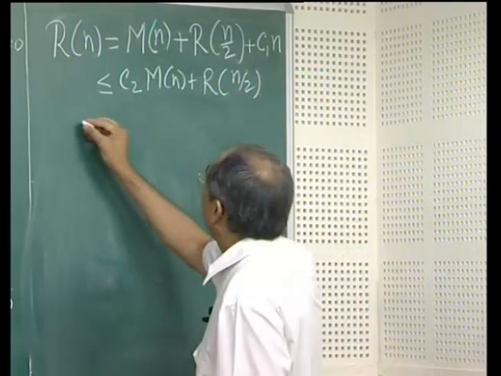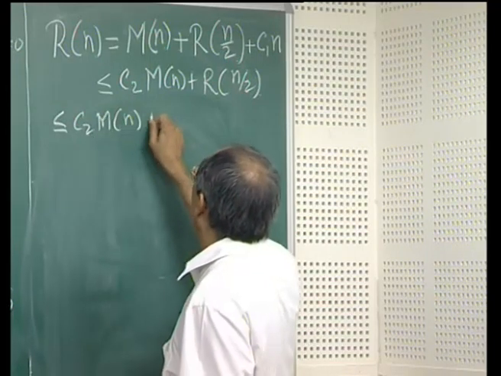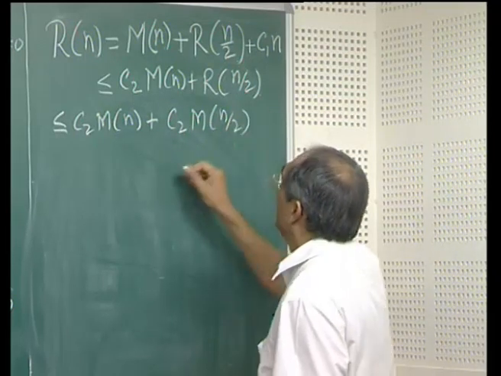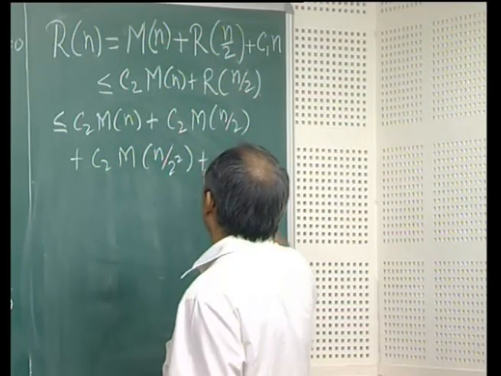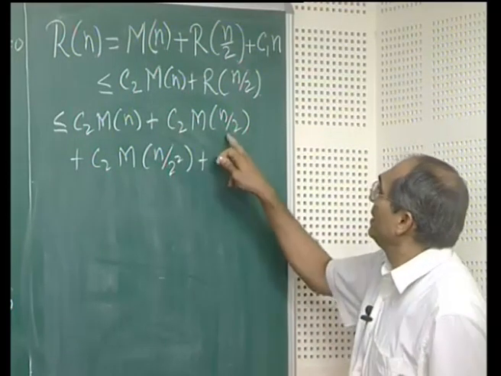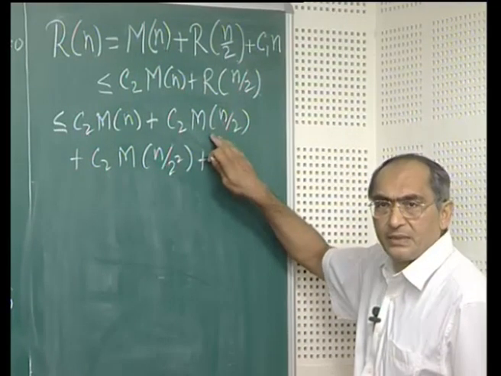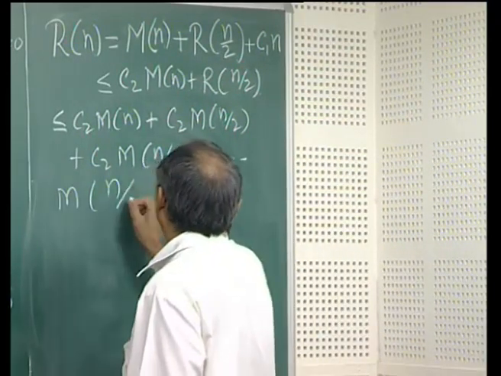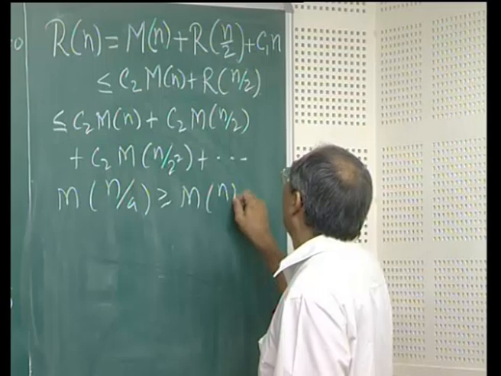If I expand this, I get this is less than or equal to C2 M(n) plus C2 M(n by 2) plus C2 M(n by 2 square) and so on. Now, once again we know that this is worse than linear. So, M(n by a) is greater than or equal to M(n) by a.